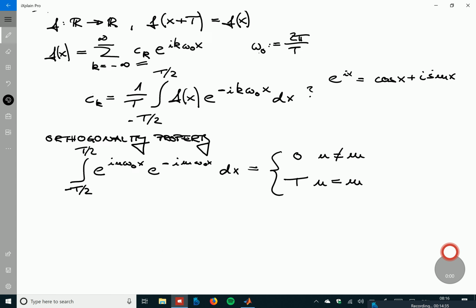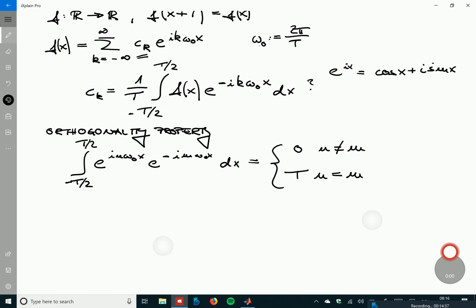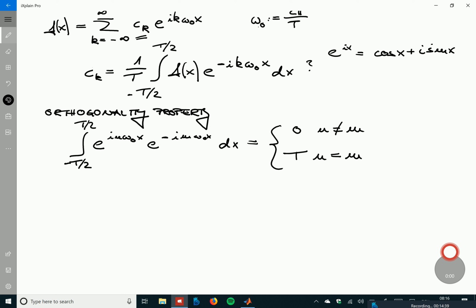If they are the same, then it's really easy to see that the whole thing is T, because if n equals m, we get e to the power of 0, which is 1. So we have the integral of the constant function 1 from minus T half to T half, which is T. So that's really easy to establish. And it's 0 if n doesn't equal m.